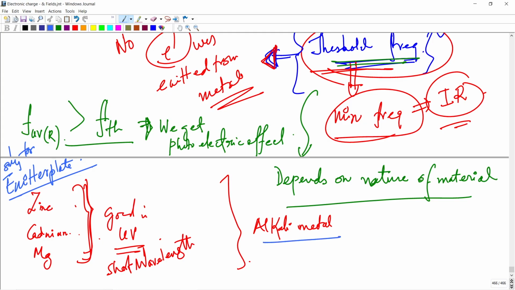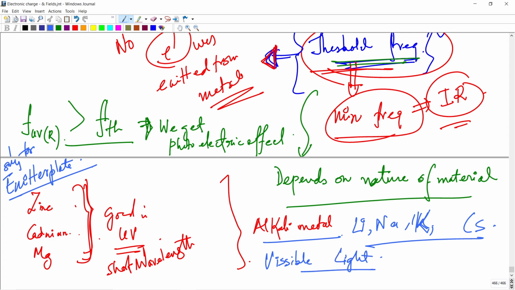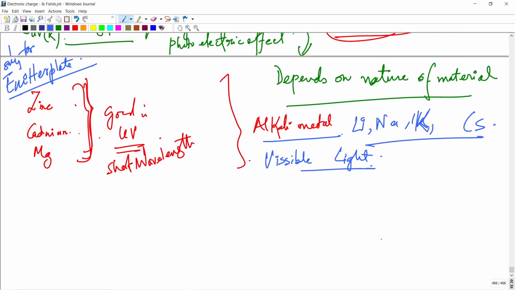Alkali metals here are lithium, sodium, potassium, and cesium. These are also sensitive to visible light, they are good in visible light. Clear? So now the threshold frequency is very important.